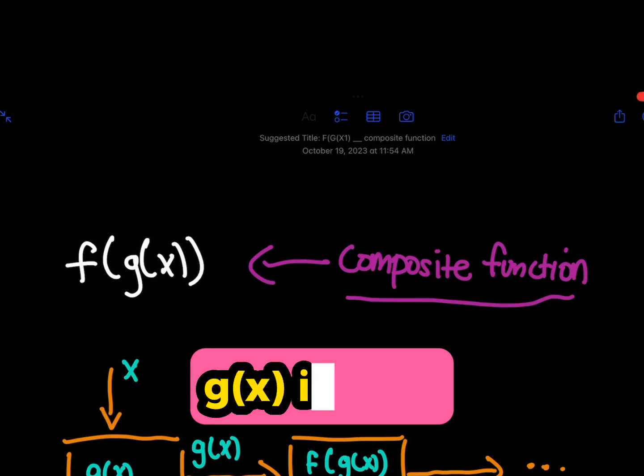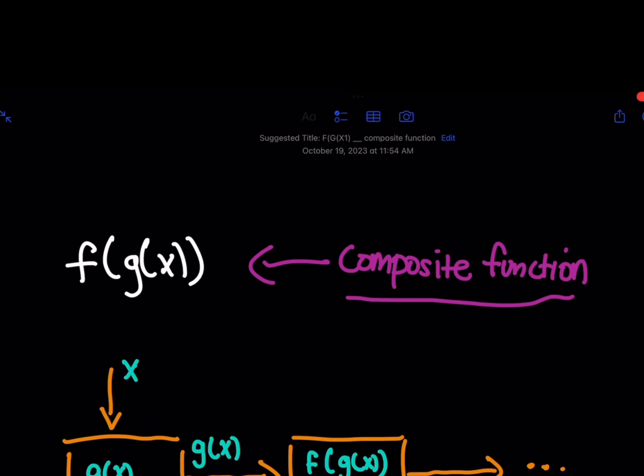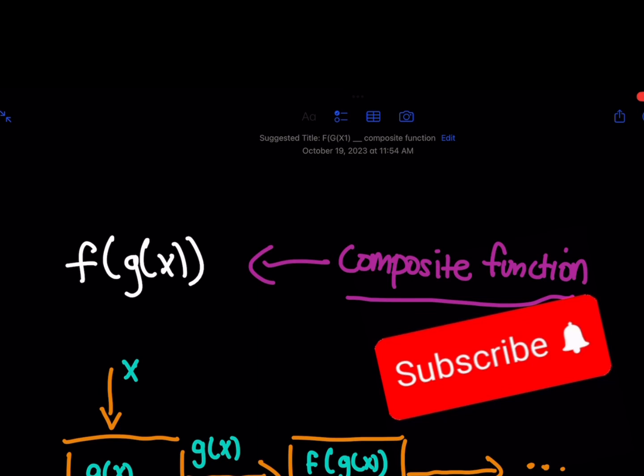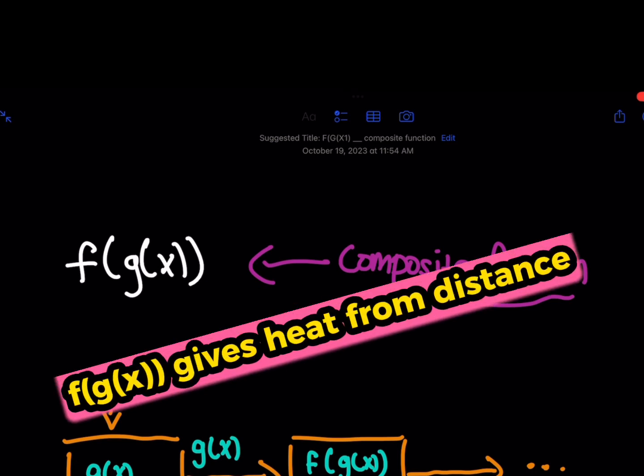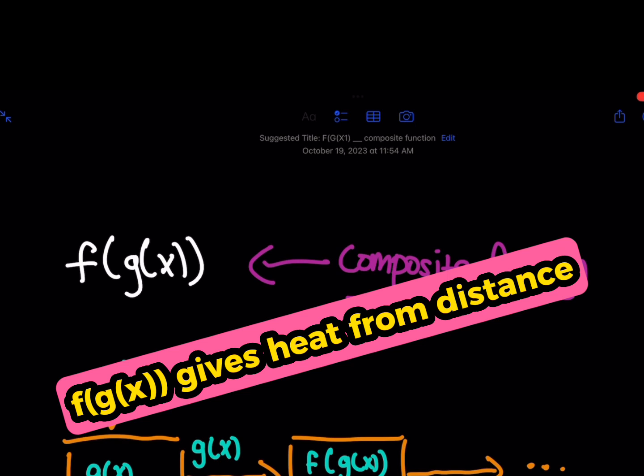Say that's a function g of x that depends on a bunch of other things, such as the temperature outside, how fast you are driving, how fast you're braking, etc. An example of a composite function can be used here, where if you take a function for stopping distance and another function for heat, what if we want to make a relationship directly between the heat that you produce and how far you stopped? This is where a composite function has a real-world example.